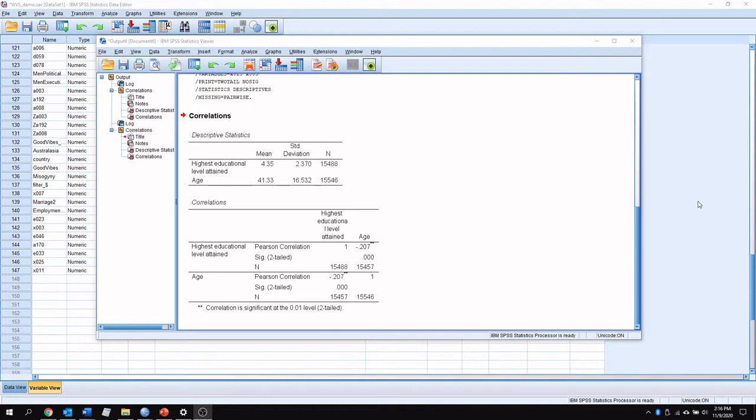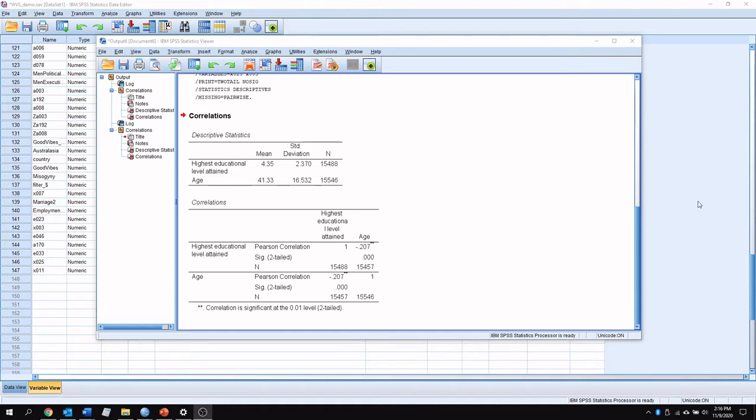And one important thing that I'm going to note about correlations before we actually look at our correlation table is that a correlation is going to be represented by a number ranging from -1 to +1. So you're never going to have a correlation outside of that spectrum.